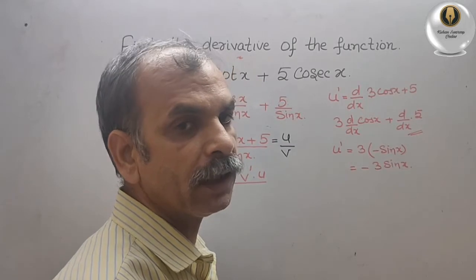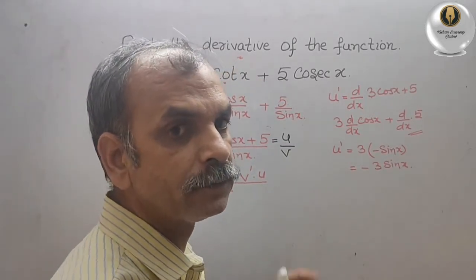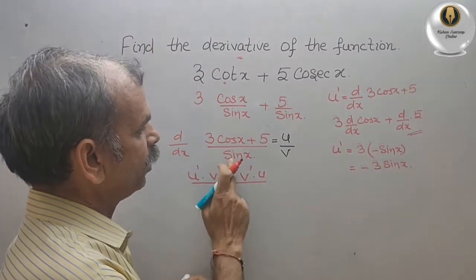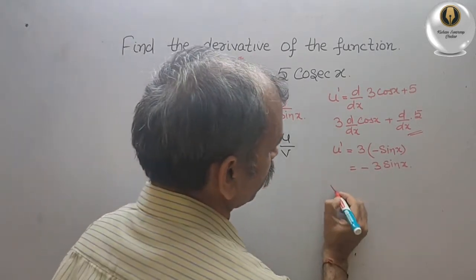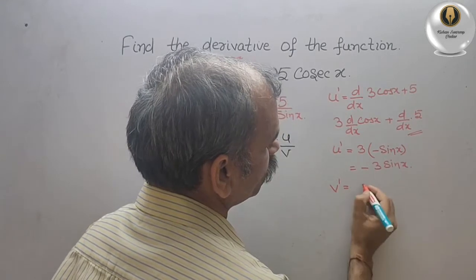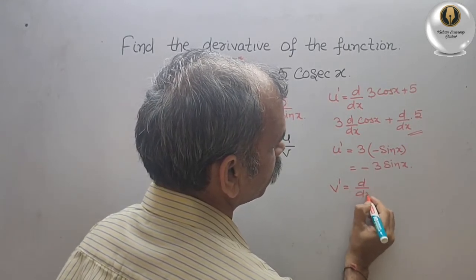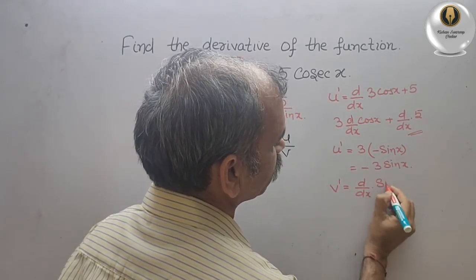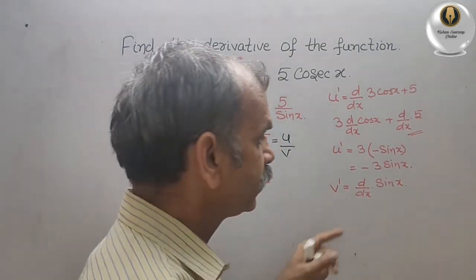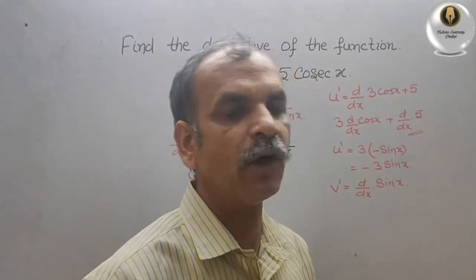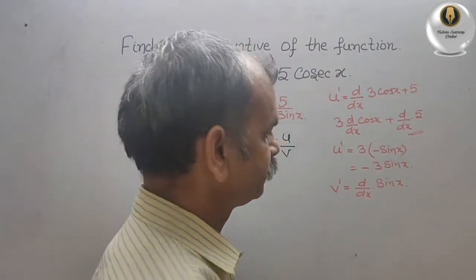Now we will find out the derivative of only sin x, that is v dash. V dash is equal to d by dx of sin x. We know that the derivative of sin x is cos x.